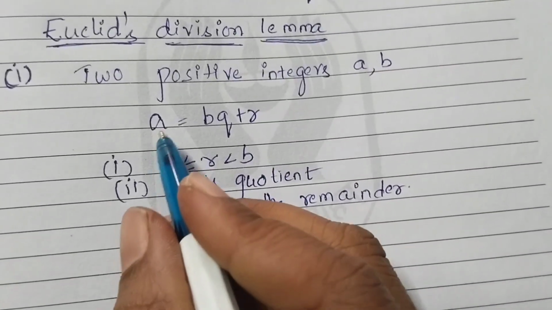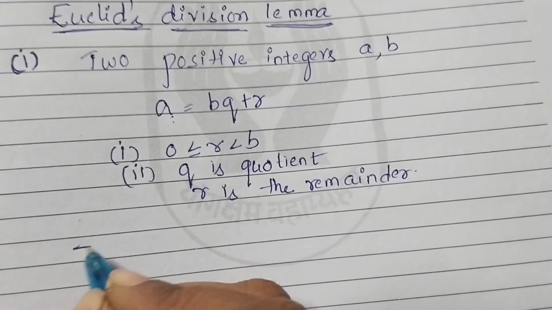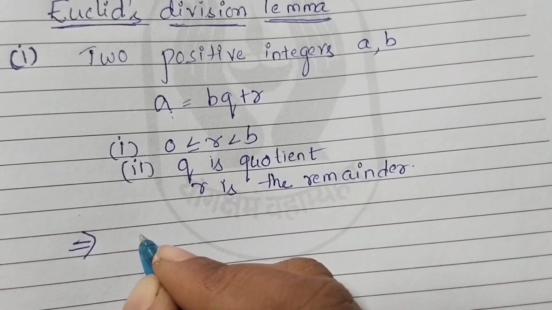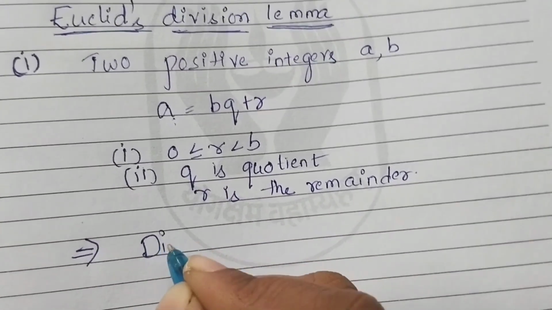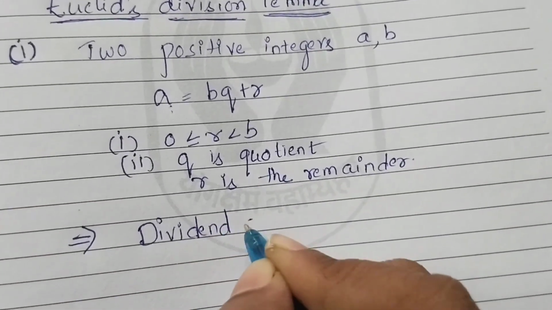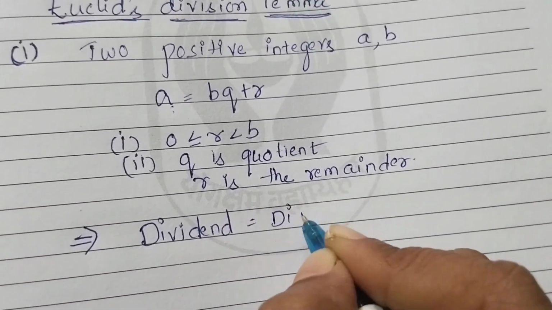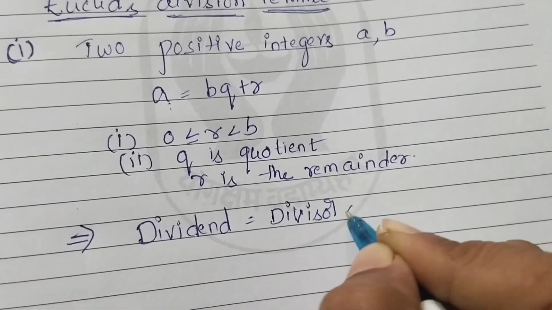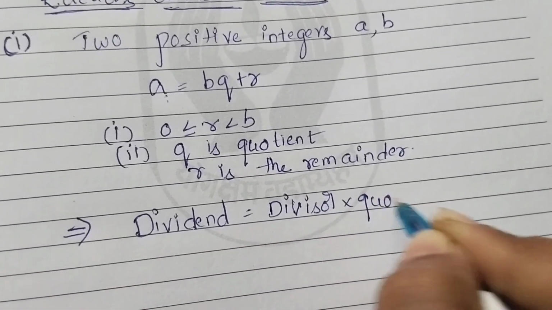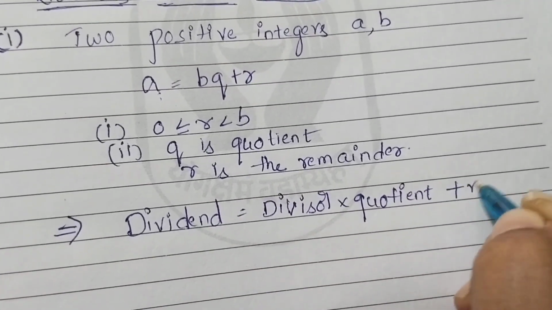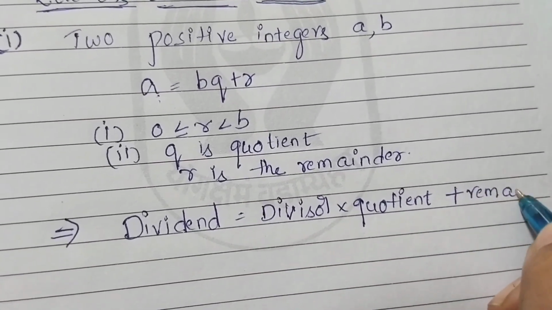If we compare this with the rule we know, that is dividend is equal to divisor into quotient plus remainder.